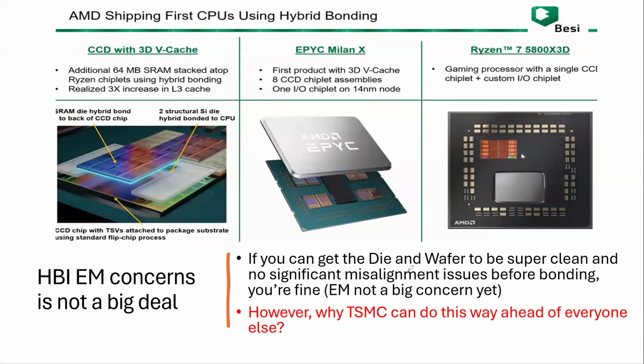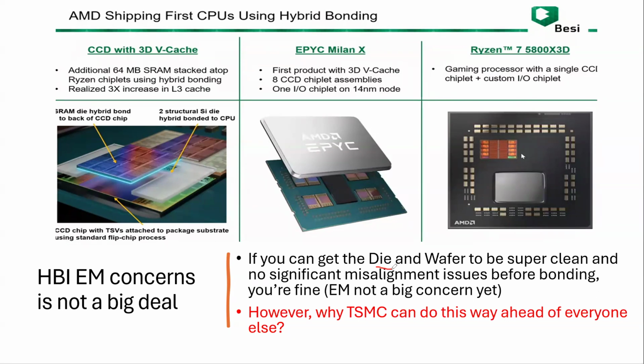Besi did it nicely with them, and it's a huge success for AMD. I mean, they claim they beat NVIDIA, but I won't go into detail. It's the first time using HBI in high volume manufacturing, TSMC with it. And right now Samsung and Intel are trying to catch up. They do not have this capability yet.